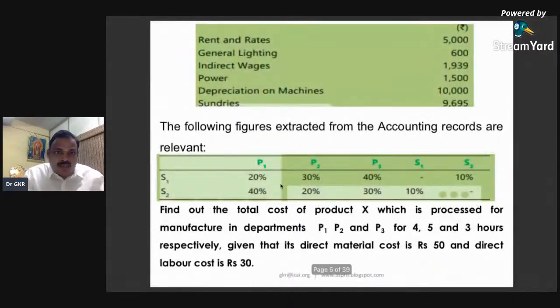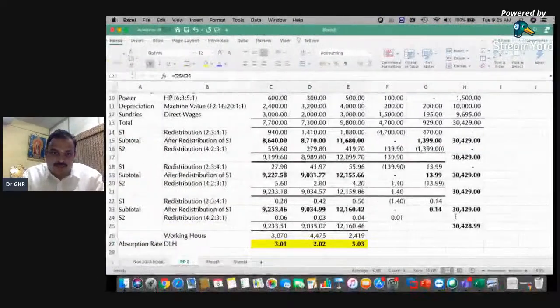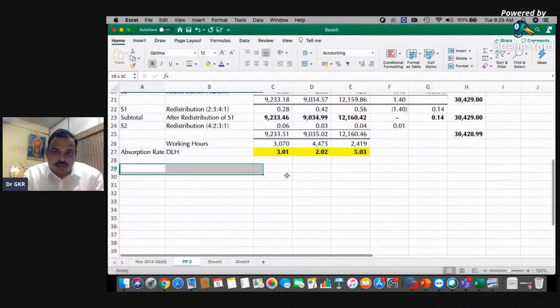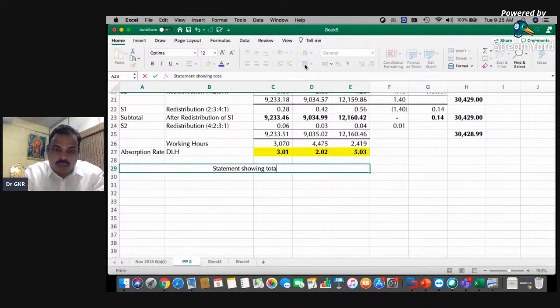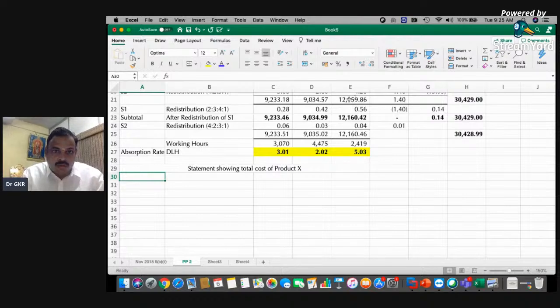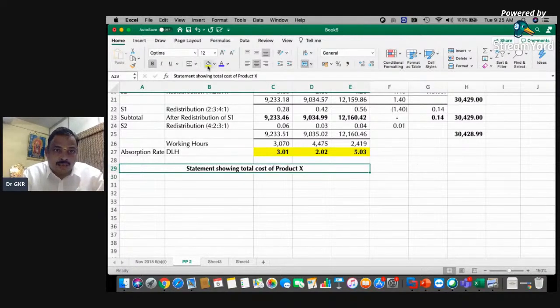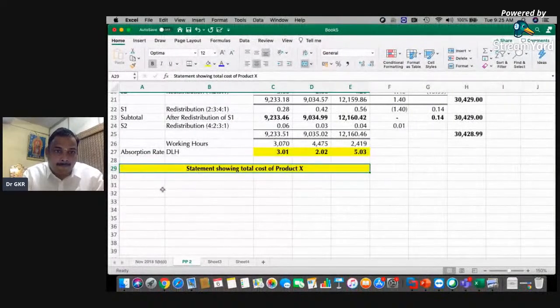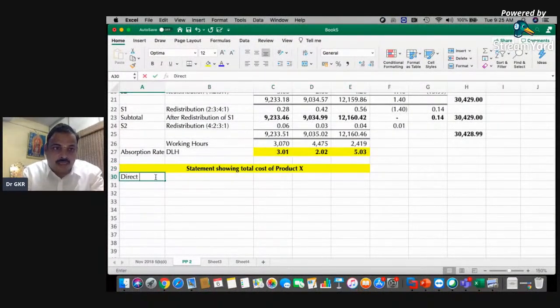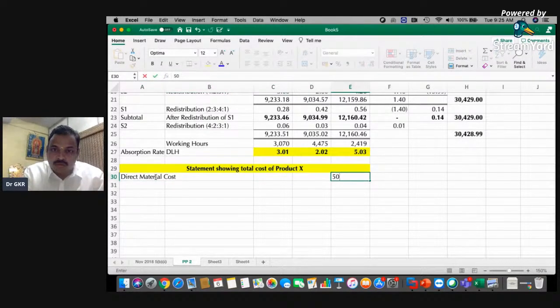Now the question is to find the total cost of product X. So, a statement showing the total cost of product X. The direct material cost is 50 rupees.